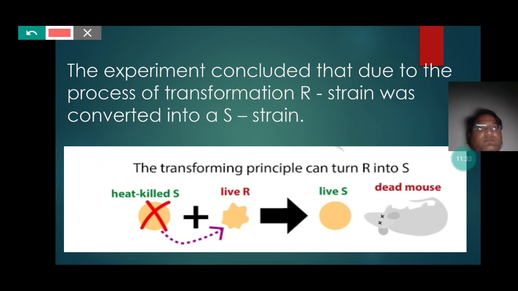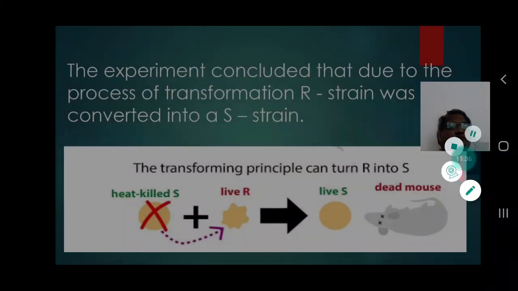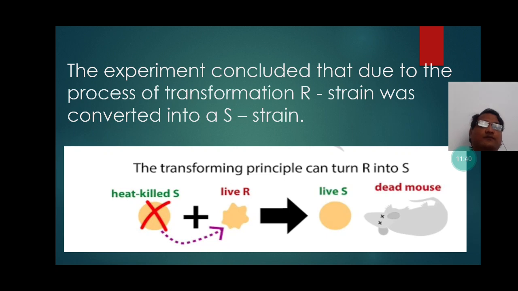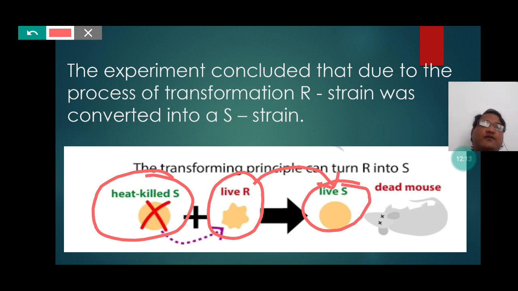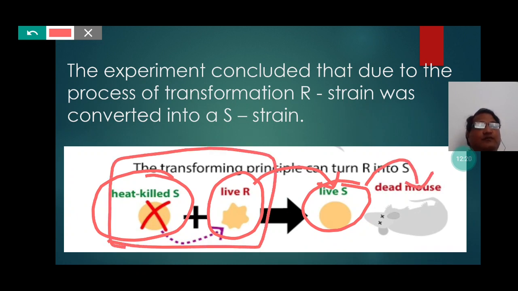So students, here we can notice that the heat killed S strain, when mixed with the R strain, that is the non-virulent strain, the R strain started behaving like live virulent Streptococcus pneumonia, and further injection of this mixture led to the death of the mouse.